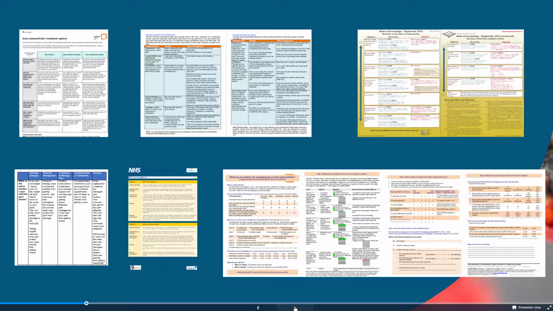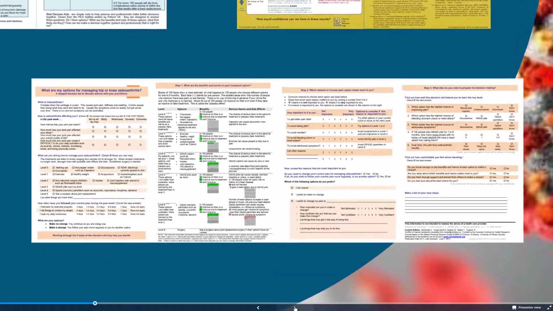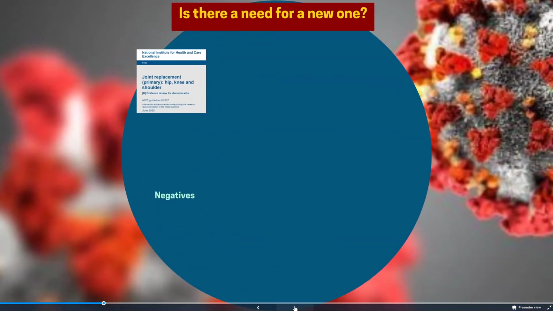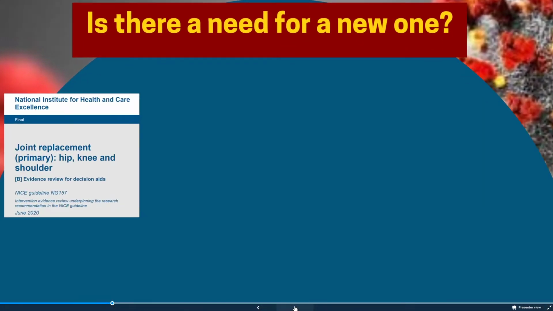Here I present an assortment of short PDAs focusing on knee arthritis decision aids. These include option grids, brief decision aid, NHS England's decision aid, and University of Ottawa's decision aid, which is now linked into NICE's website. Is there a need for a new decision aid? NICE Evidence Review for Decision Aid recently published their final document in June 2020.